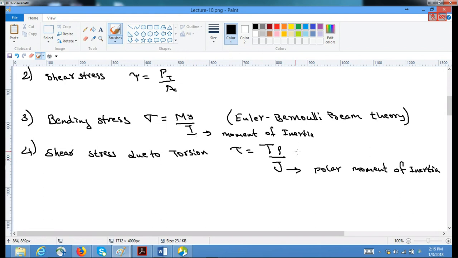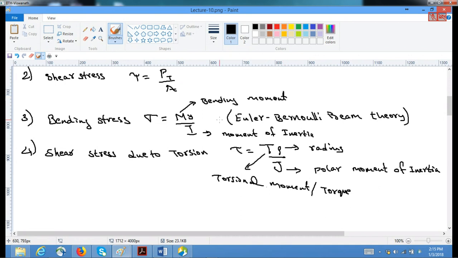Rho is the radius, T is the torsion, or simply the torque, M is the bending moment, and y is the height from the neutral axis.